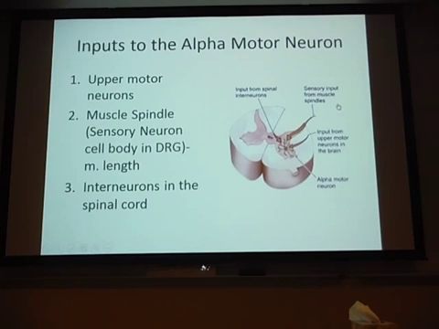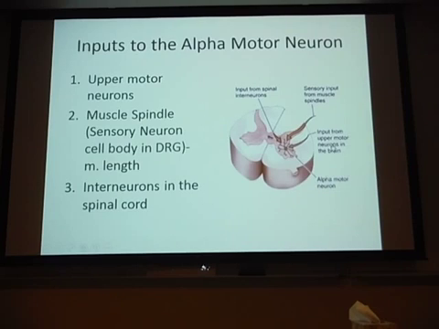Another source of input that we're going to look at more closely is input from the muscle spindle itself. The muscle spindle is type 1A fibers. They're going to come in through the dorsal horn, and they're either going to synapse directly on the alpha motor neuron, or they'll synapse on an interneuron, which is our third source of input, that is going to communicate directly with the alpha motor neuron.